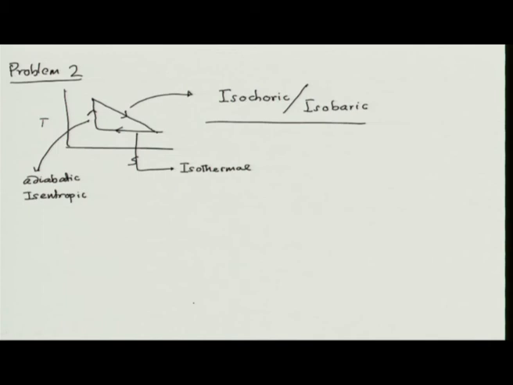Now, you may ask me how to distinguish between an isobaric and an isochoric process on a TS diagram. This is what I am going to discuss now. In a PV diagram, you can always identify which one is adiabatic, which one is isothermal by looking at the slope. Question is, in TS diagram, identifying isothermal or adiabatic, isentropic is very easy.